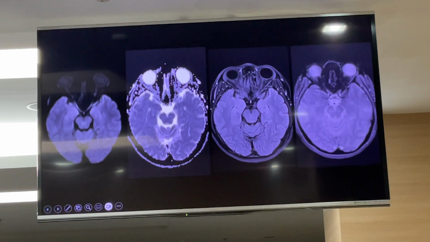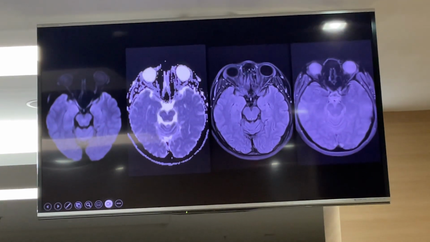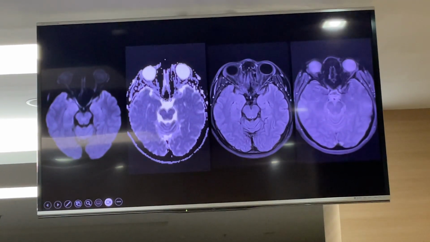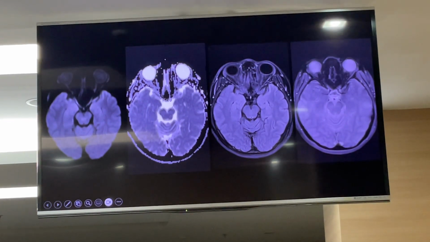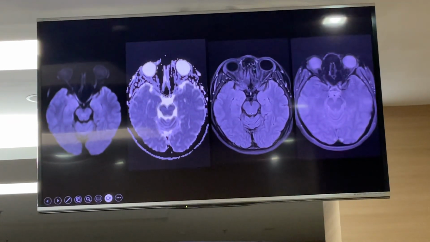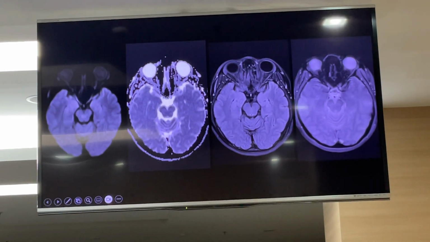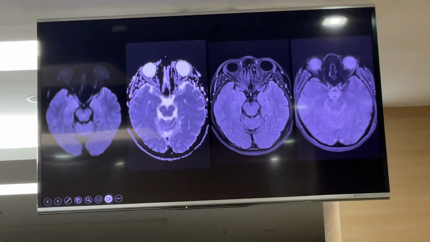For this case, the patient came to the hospital with just non-specific symptoms, headache, dizziness, something. So the patient got a scan. He got the scan, and the doctor asked my resident first whether this is a lesion or not, because he didn't write down the report about this lesion.